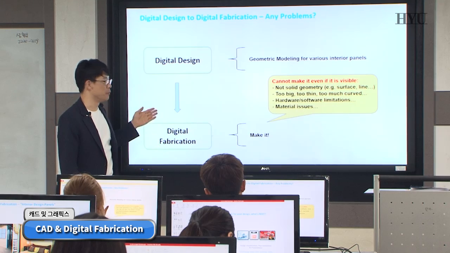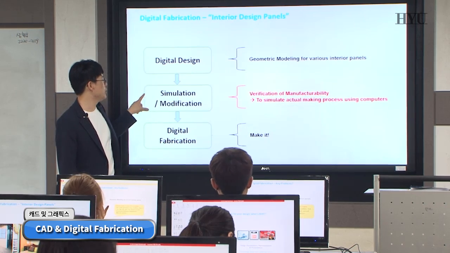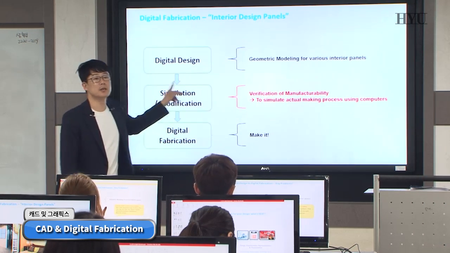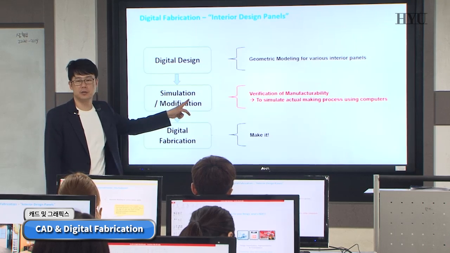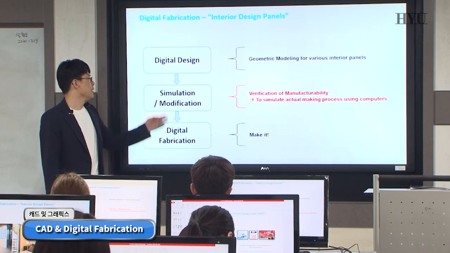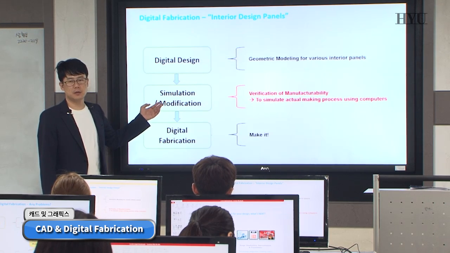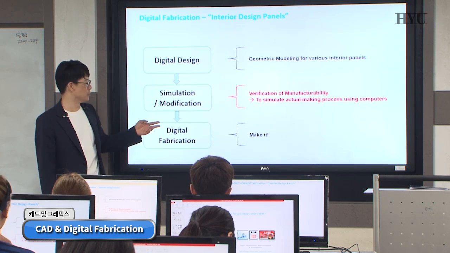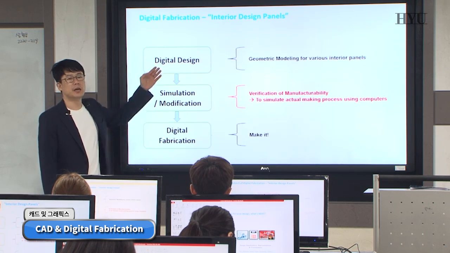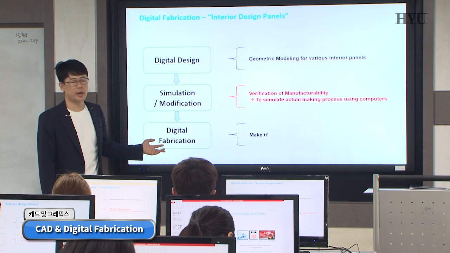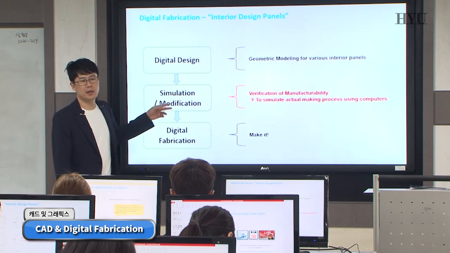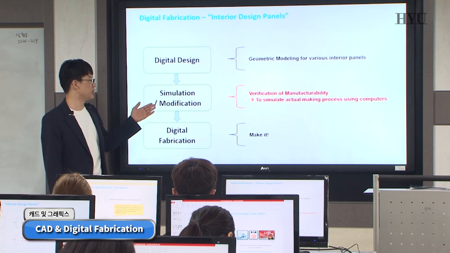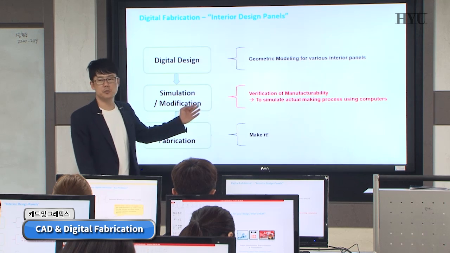We have to make it. So we need to add another process, simulation. Simulation means an additional task for realizing their design without any problem. Simulation first, and if we find a problem, the design should be modified.